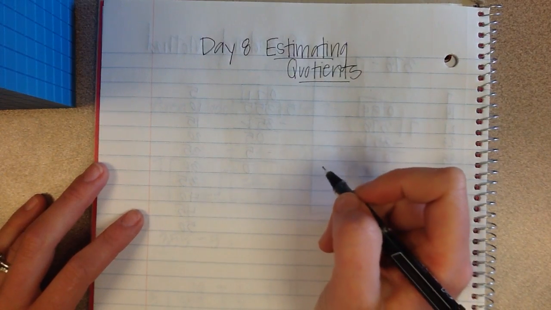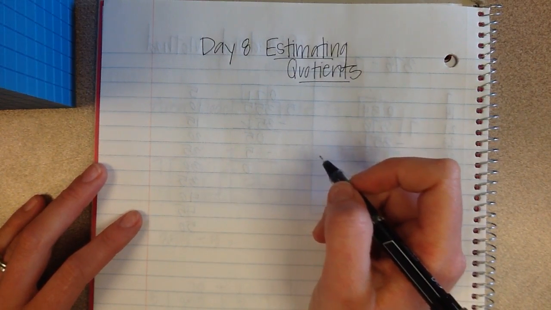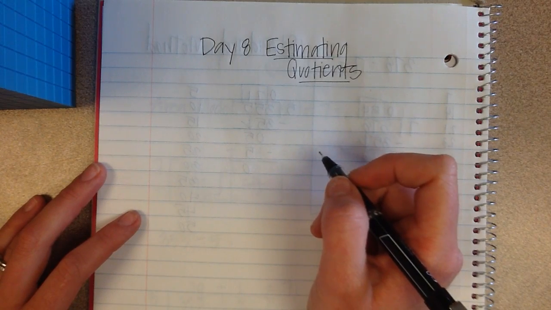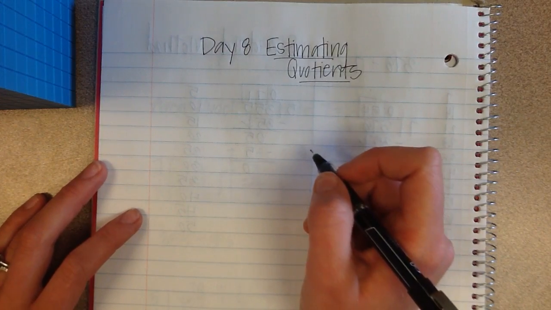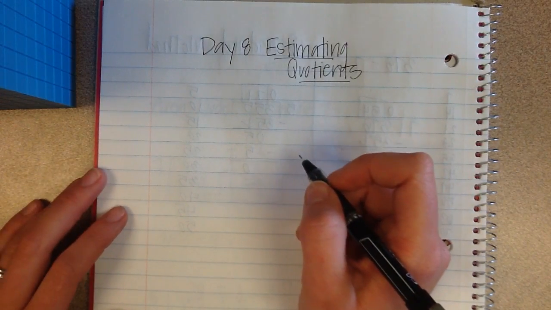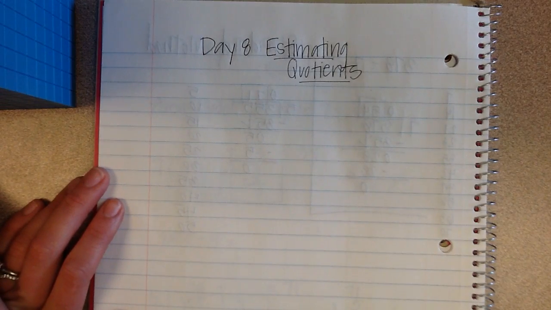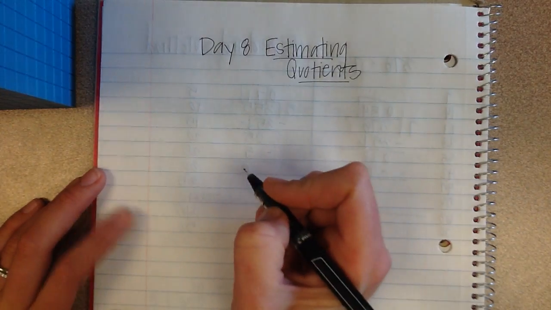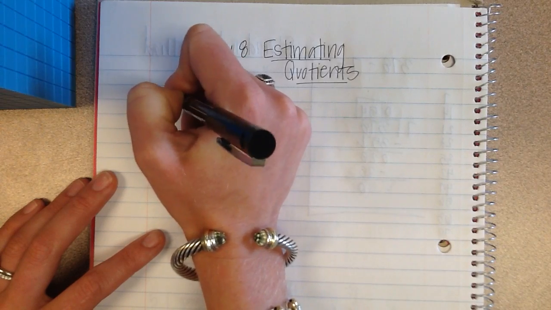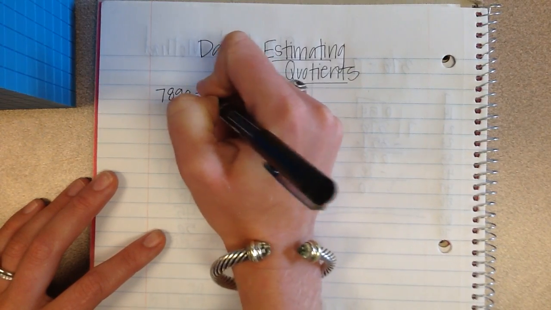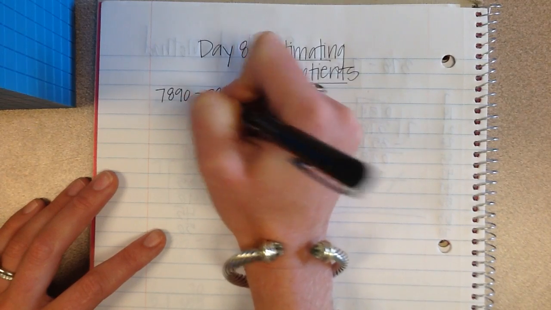If you don't have it with you, that's okay. It says, during Sunday's basketball game, 73 players from various teams scored a total of 7,890 points. About how many did each player score? So, what we're going to do is 7,890 divided by 73.